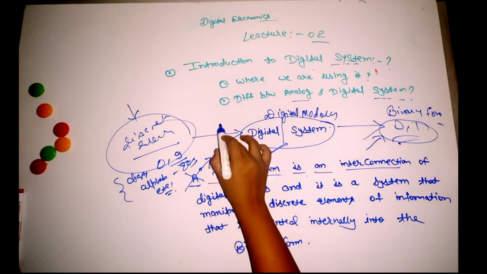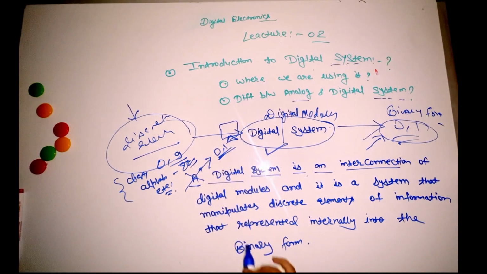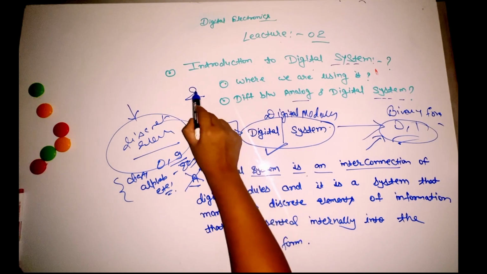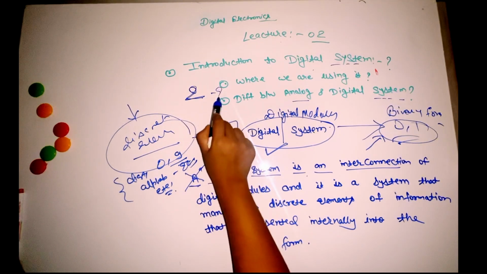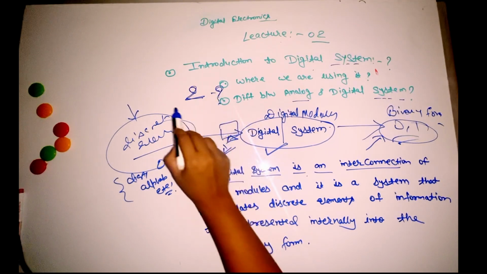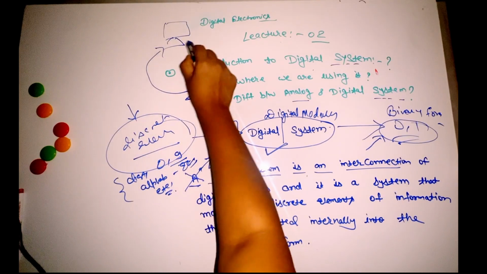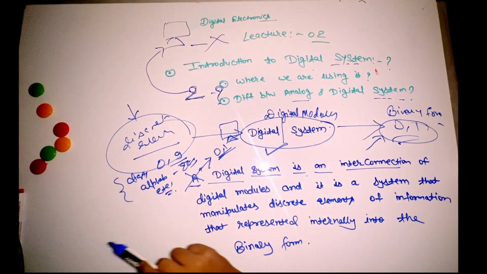After that, the computer can understand. For example, when we are writing 2, can the computer read this 2? The answer is no. The computer only understands 0-1.